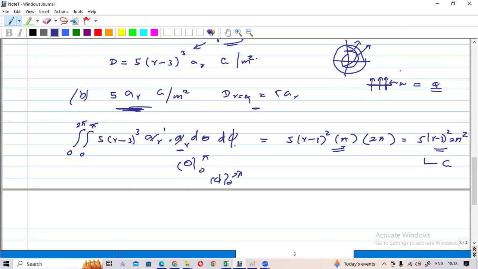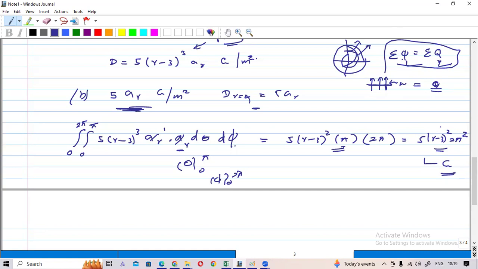Because total flux is equal to the total Q enclosed by the surface. The flux and Q are equal, so Q is measured in Coulomb, and flux is also measured in Coulombs.